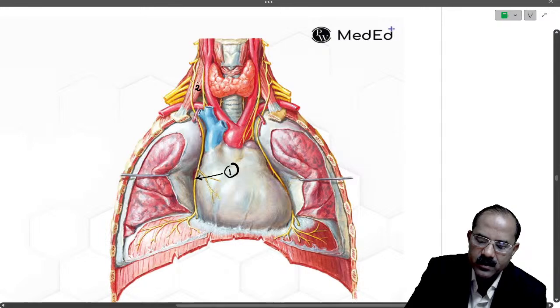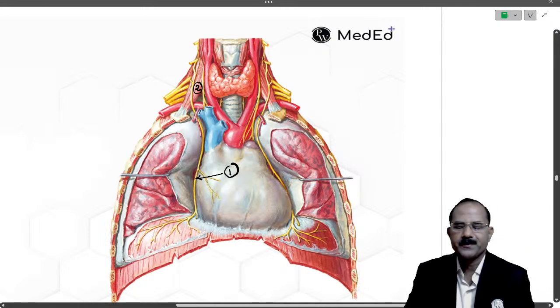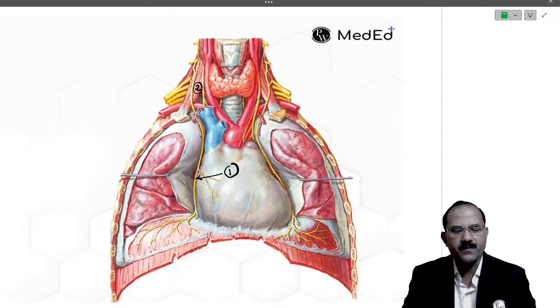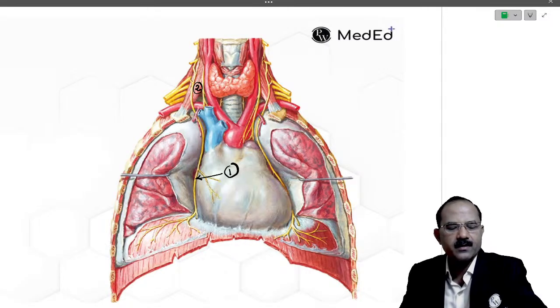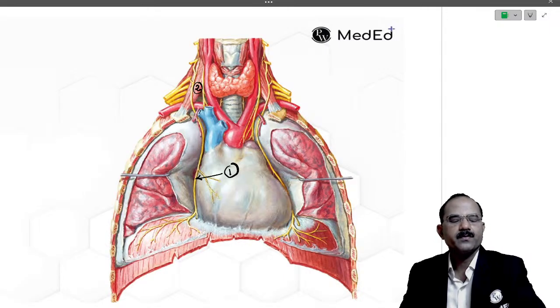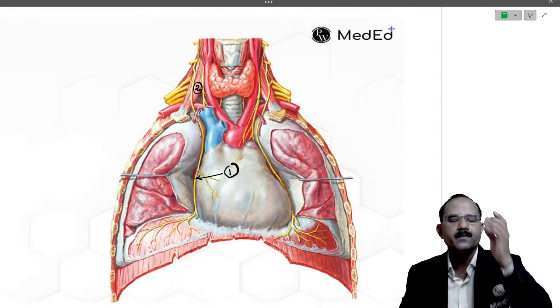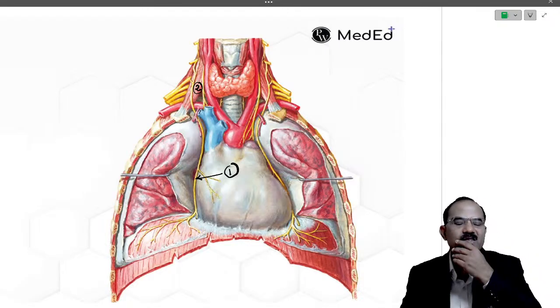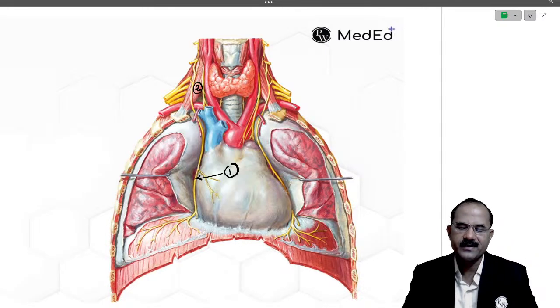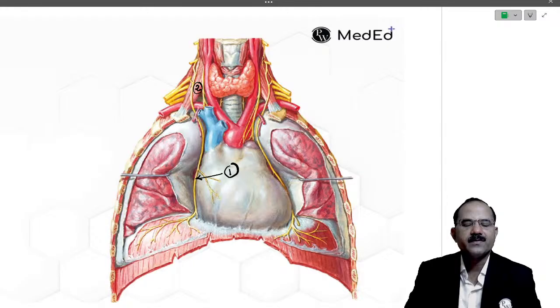So, what is this number 2? Identify this muscle. What is this muscle? Number 2. Scalenus anterior. Not sternocleidomastoid, that's scalenus anterior.